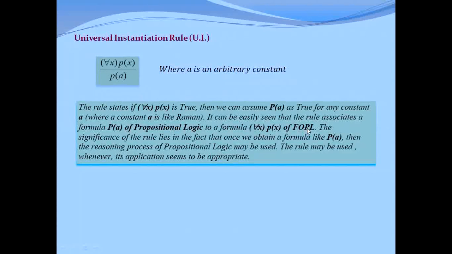FOPL stands for first order predicate logic. The significance of the rule lies in the fact that once we obtain a formula like P(a), the reasoning process of propositional logic may be used whenever its application seems appropriate, meaning a must be a member of the domain. If it is beyond the domain, then it may not be.